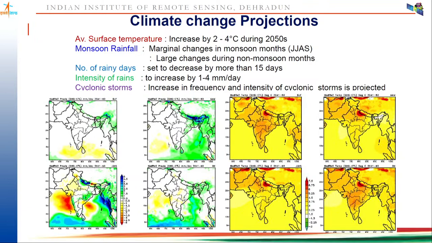So climate change will alter the pattern of rain distribution, and finally it is going to affect agricultural activity. Similarly, cyclonic storms: you see also the intensity of rain will increase by 1 to 4 mm, with heavy intense storms. Wherever there is rain, it will be more intense.